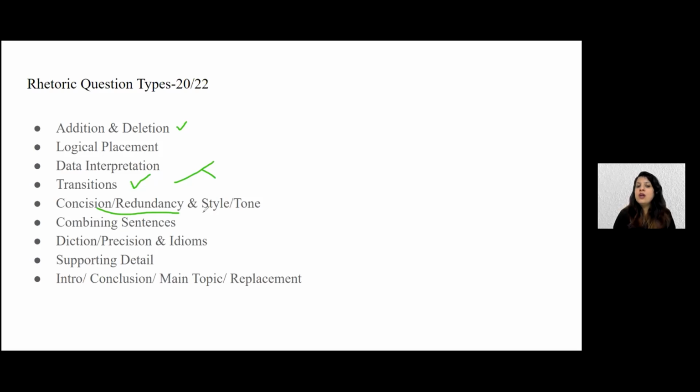When I talk about style and tone, this is checking whether you are able to determine what is a formal usage and what is an informal usage. Now for the SAT, I want something that is very formal yet simple, right? There are multiple ways of saying the same thing, but if I overcomplicate things, then this is not how it works.